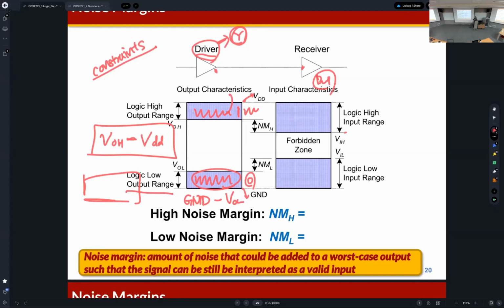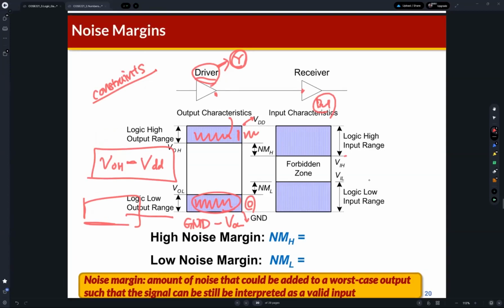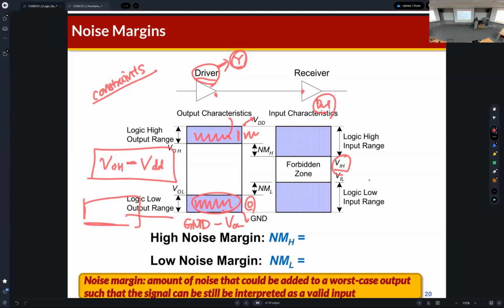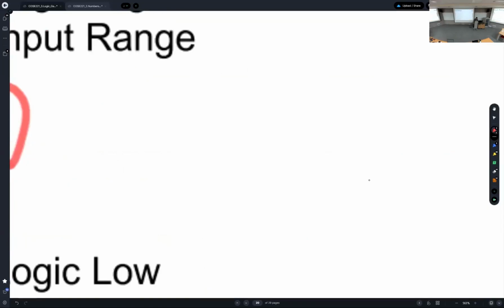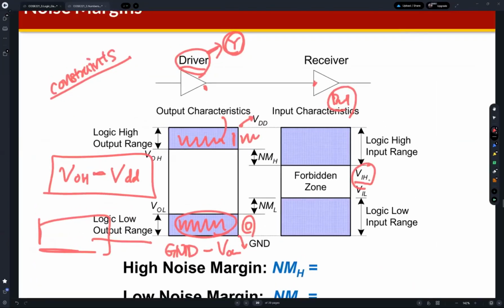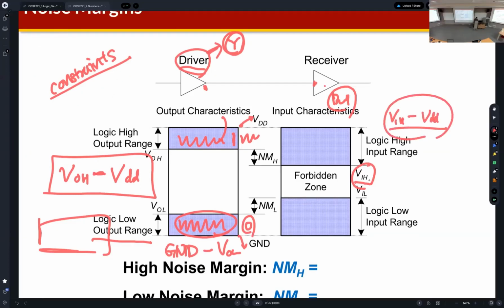So this is the allowed input range, which means that if the input value is between VIH and VDD, then this logic gate thinks that this value is 1.